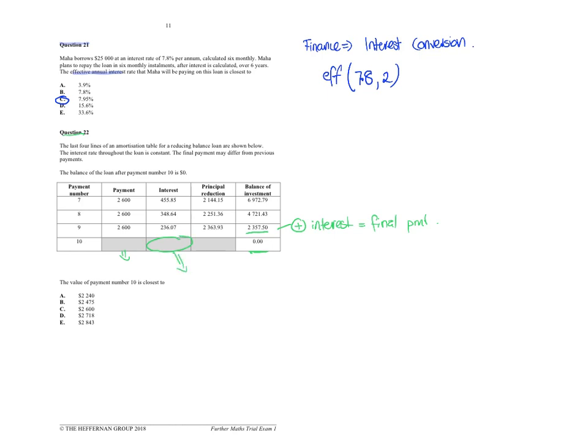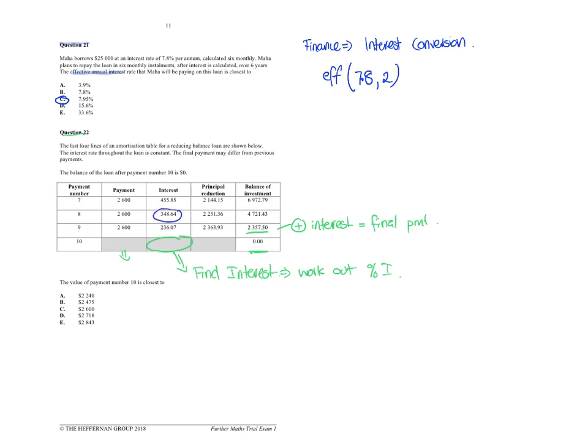To find the interest, we need to work out the rate. We need to work out the interest rate, and we're going to use one of the previous payment lines to work out the percentage interest. So I'm going to use this interest here.